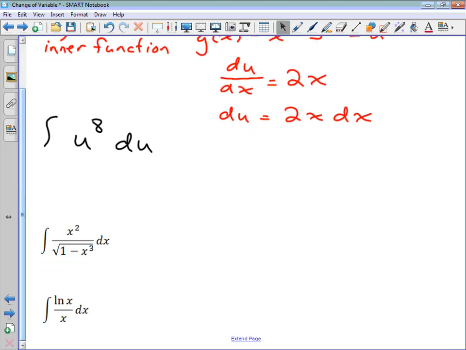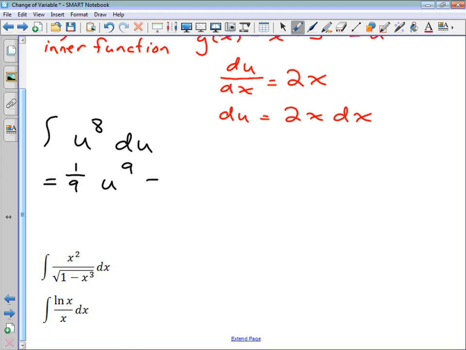Okay? So how would you evaluate this integral, u to the 8 times du? Well, we're going to have something that is u to the 9 times 1 over 9 plus c. Now, we just make our substitution in reverse.